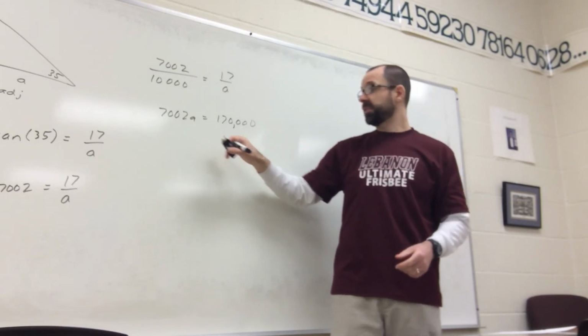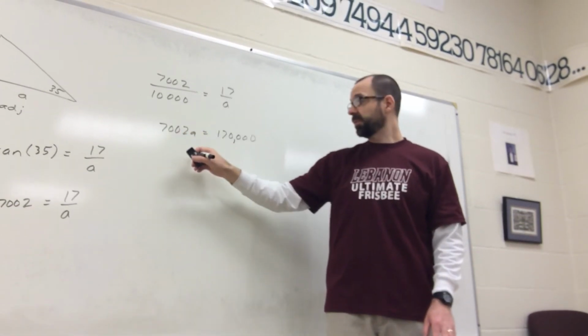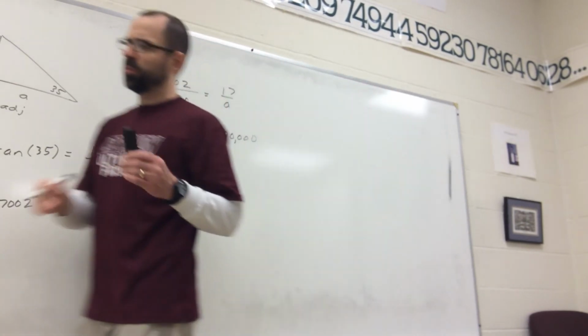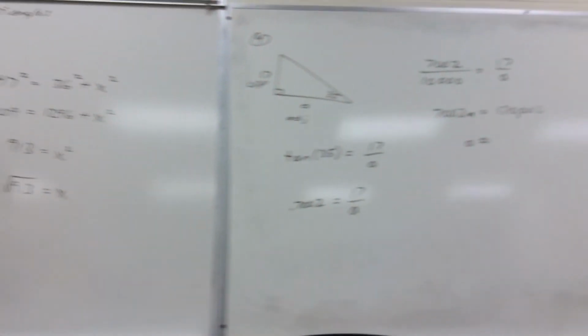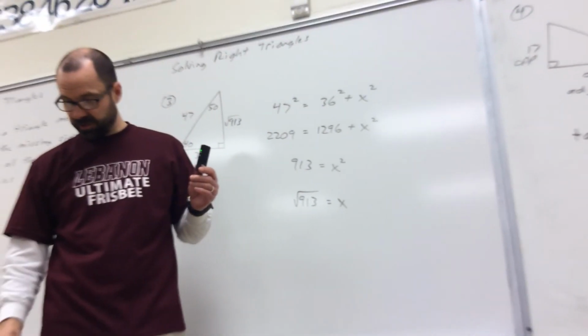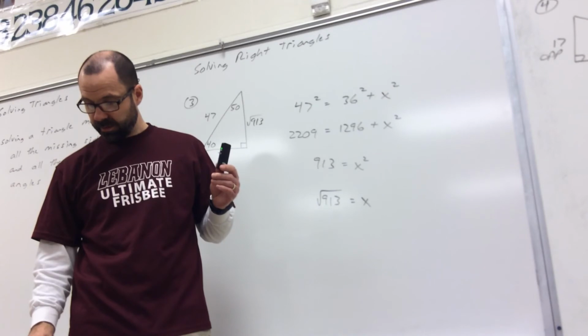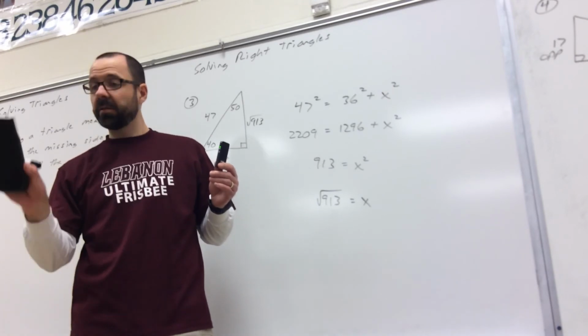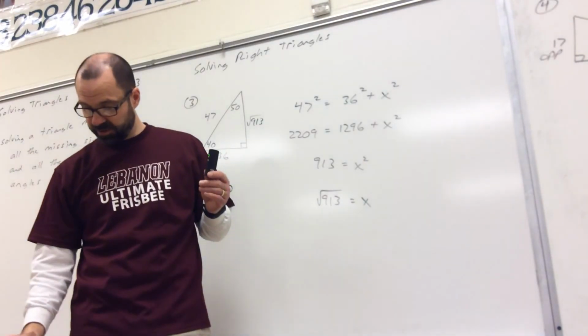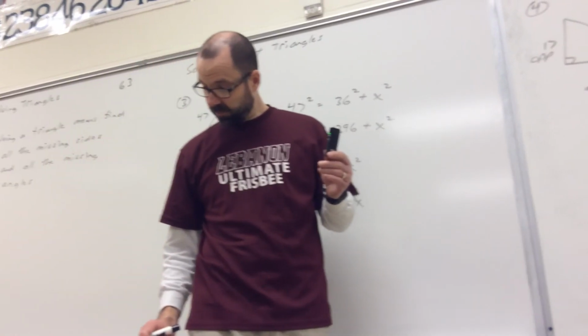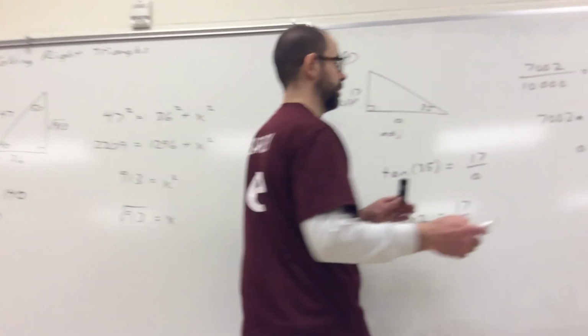And then last but not least, you divide by 7,002. I'm putting a squiggly equals there because I'm going to round the answer. So A is 24.28.